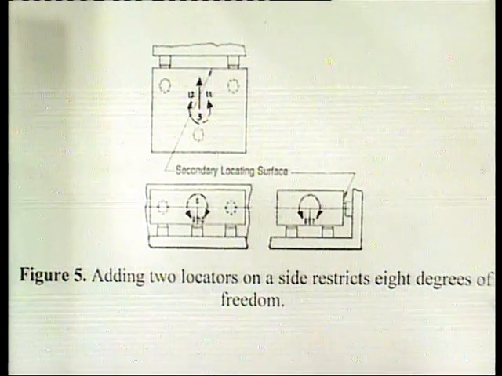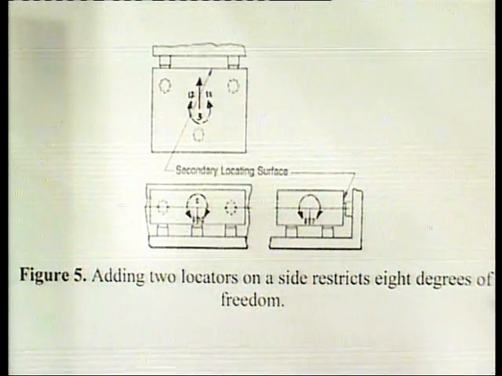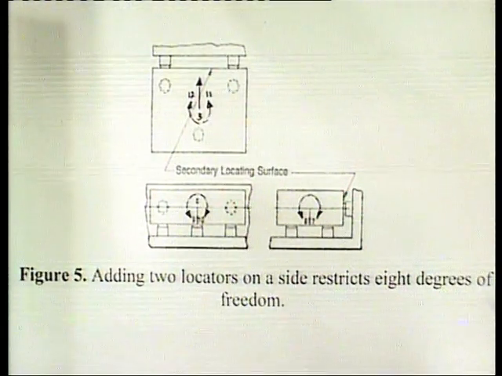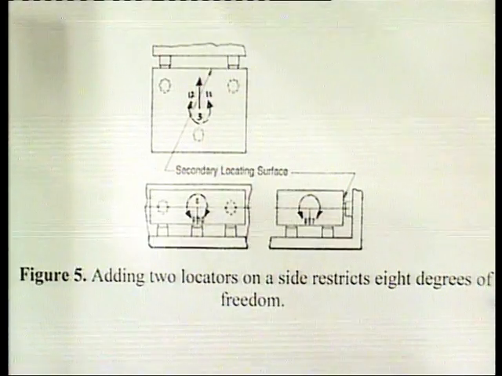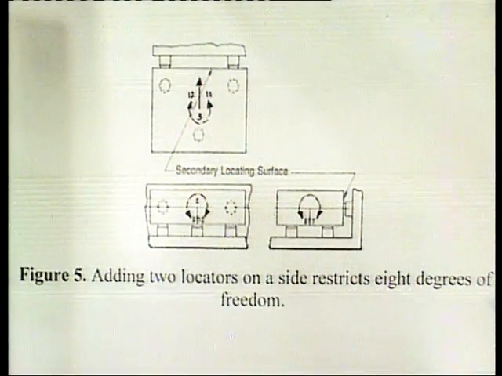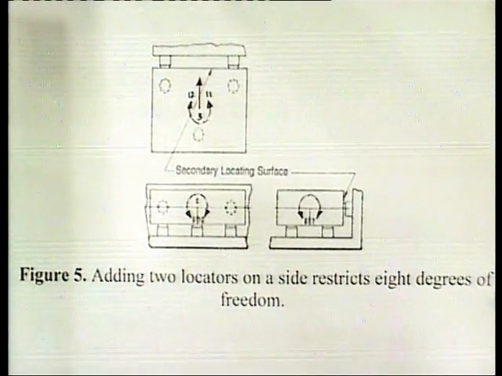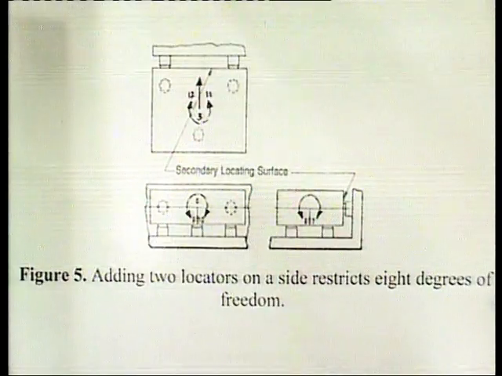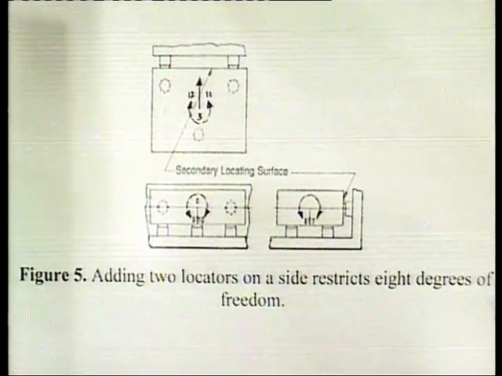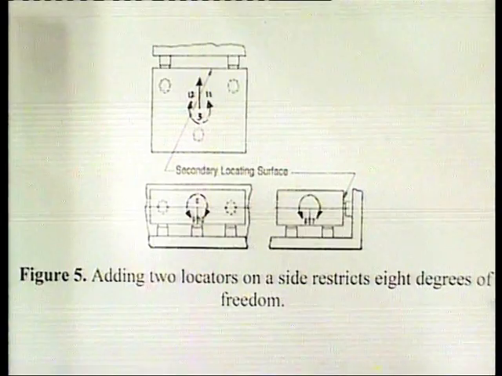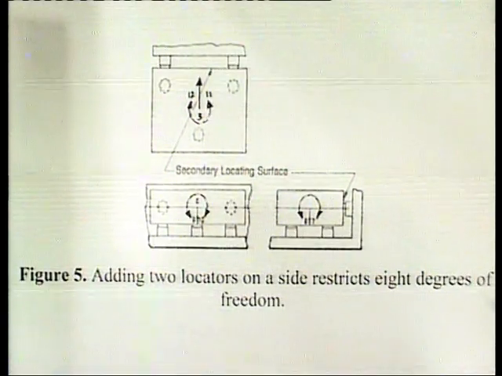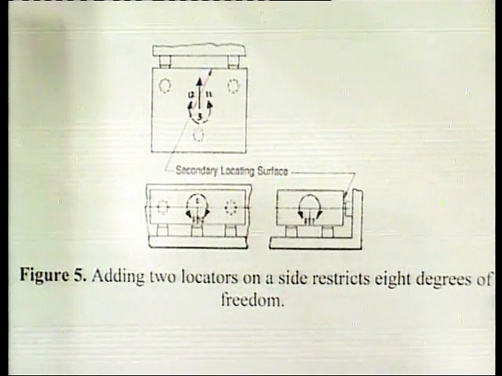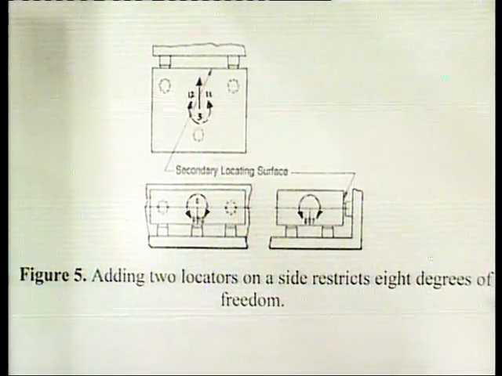The next two locators, which are placed on a side, are normally placed on the secondary locating surface as shown in this figure. They restrict an additional 3 degrees of freedom by arresting the axial movement along the plus y axis, that is the second degree of movement in the traditional method, and the radial movement about the z axis, that is the 11th and 12th degrees of freedom.